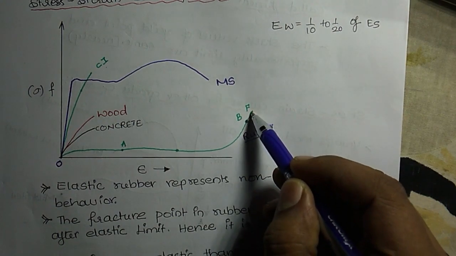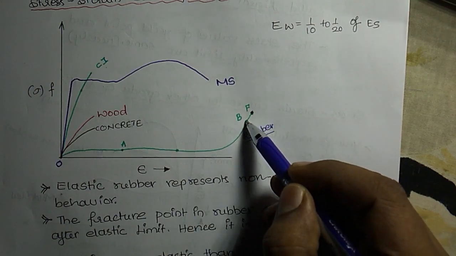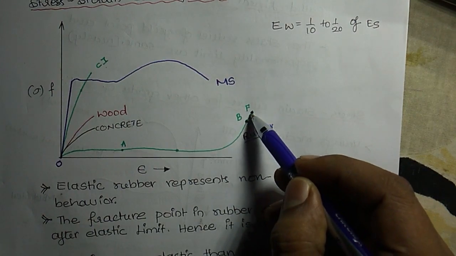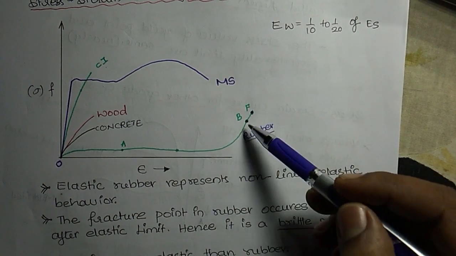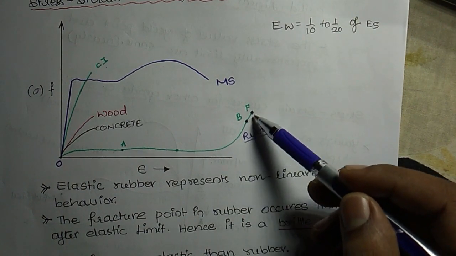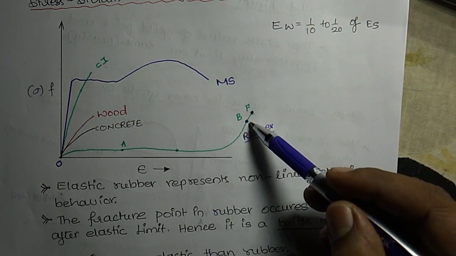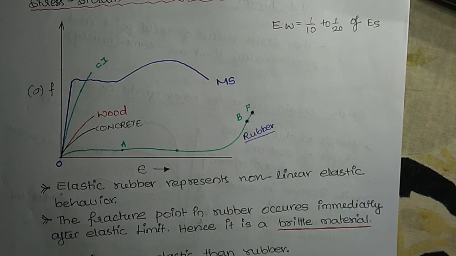From B up to F, it is a small gap. Here this is the fracture point. So you can see just after the elastic limit, for a small distance, this rubber material is going to crack. Since it doesn't have a larger value of elasticity, this is considered a brittle material. So rubber is a brittle material. This is what you have to mainly note down here.